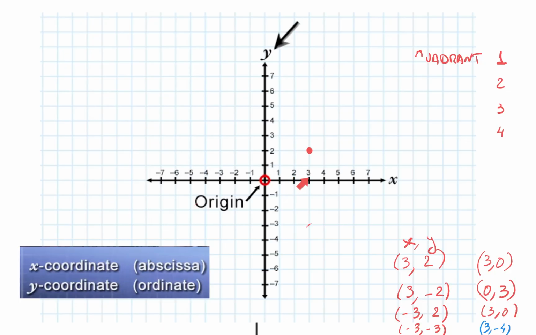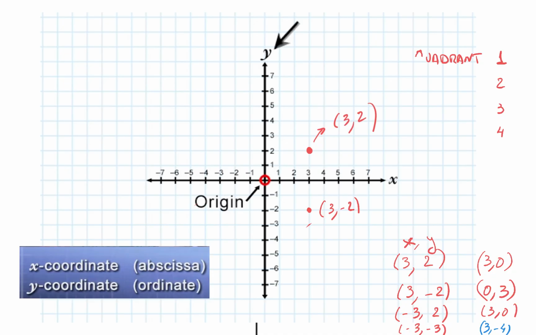And now it says minus 2 units in the y direction. You go downwards, 1 and 2. So the point is exactly here. So the point (3, -2) is this point, and we can label it (3, -2). And the point (3, 2) is this point, and we can label it (3, 2).